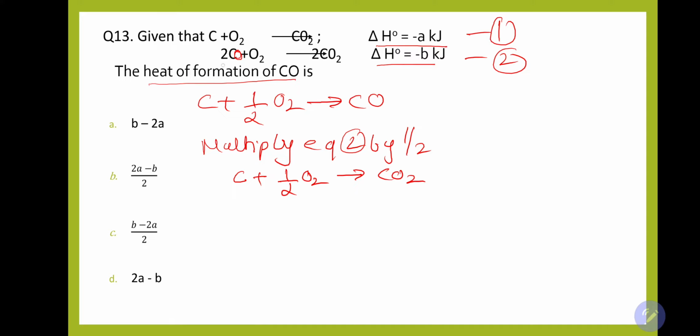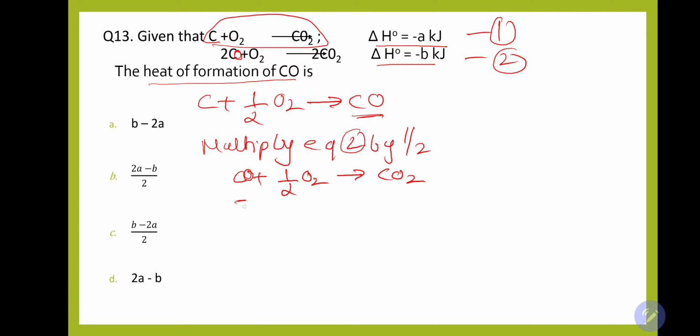So it will be CO plus half O2 gives you CO2. Now here you have to form CO, right? Now see equation 1 and equation 2. What you have to do is add equation 1 and 2.